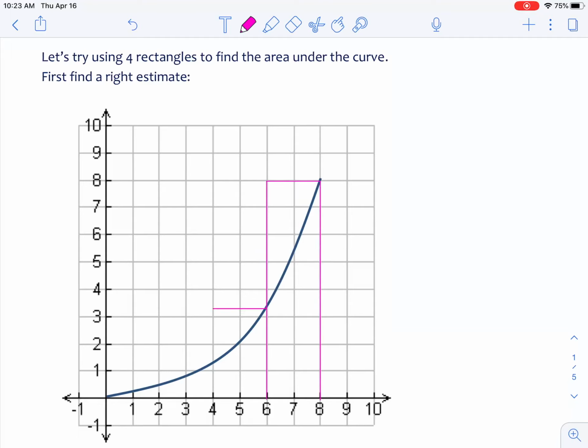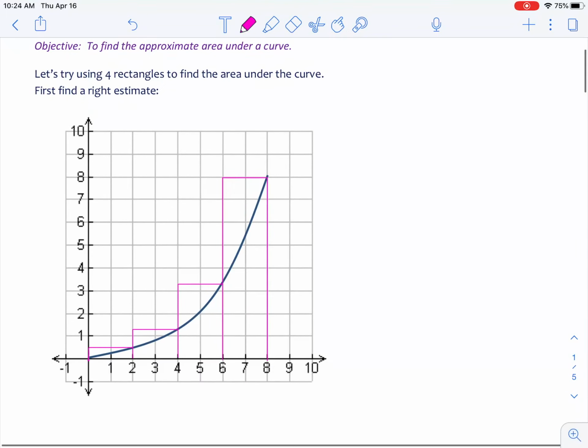And now I'm going to make a second rectangle. So again, the top right part of my second rectangle is where the rectangle would hit the curve. And then again, my third rectangle, top right, hits the curve. And fourth rectangle, top right of the rectangle, hits the curve. Okay, so there's my 4 rectangles.